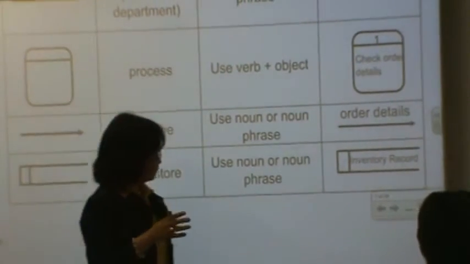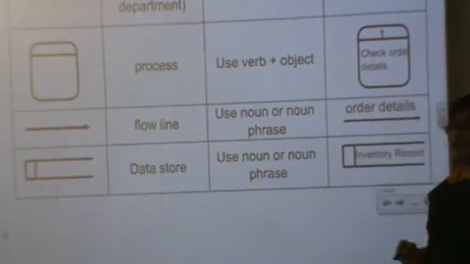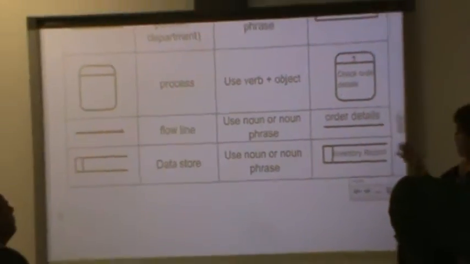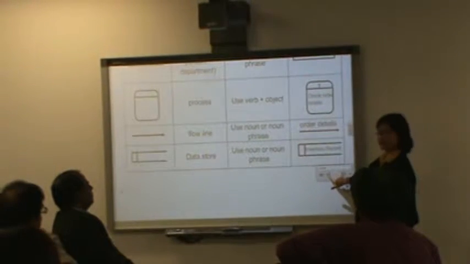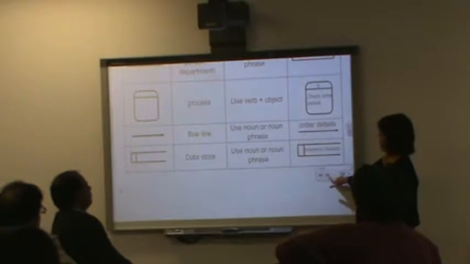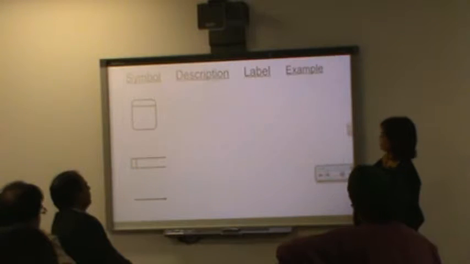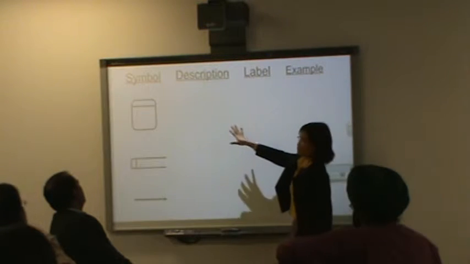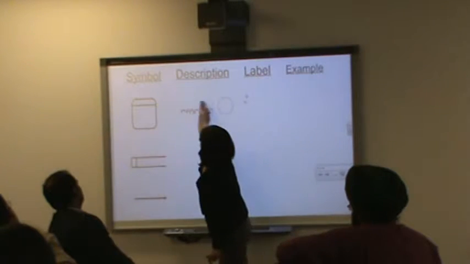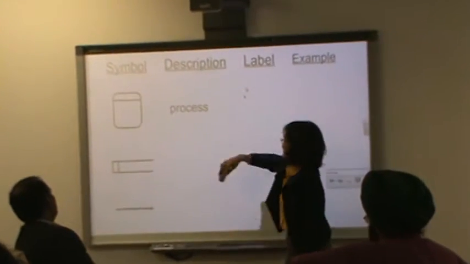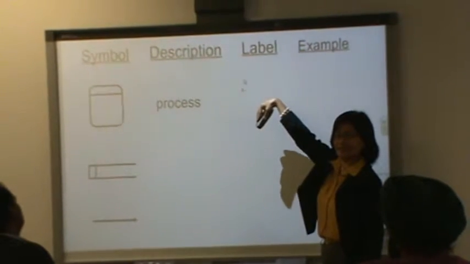Okay, now I know that it's difficult for you to remember it, but let's do it together, and you will see that it's easier to recall it. Okay, so let me proceed to the next slide. What is this symbol for? Process. Okay, so I have written here process, you're correct. So how do you label it? Verb.